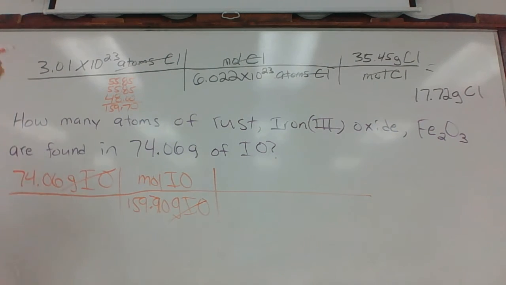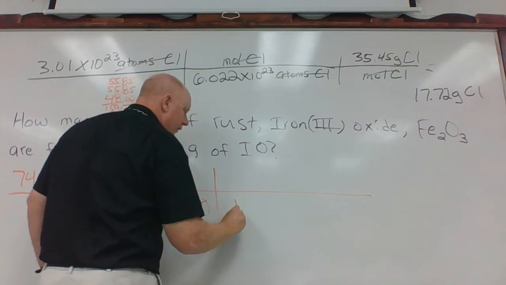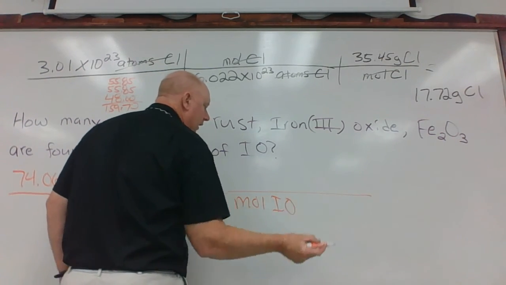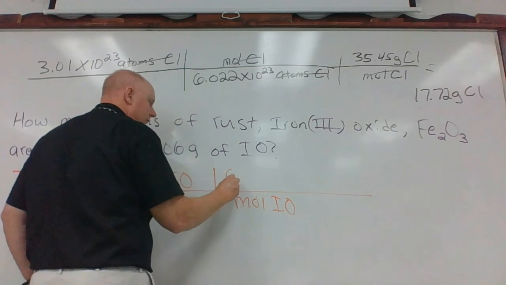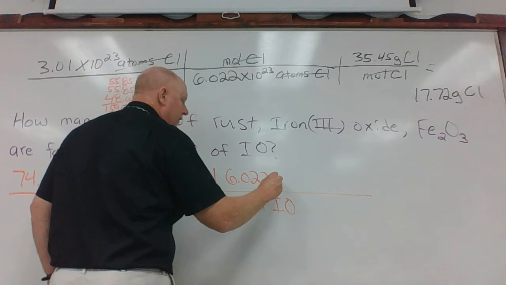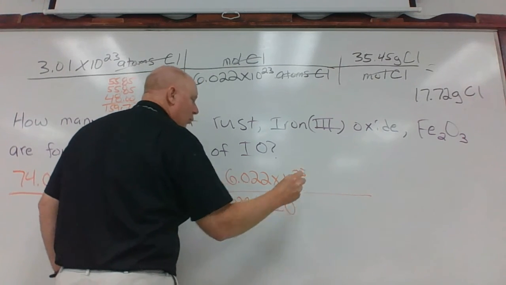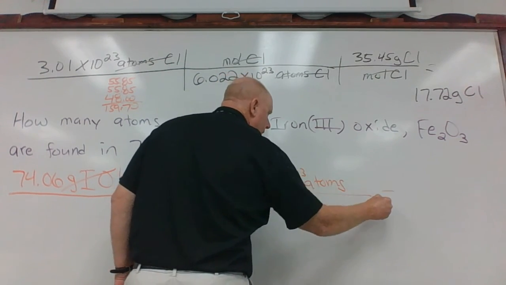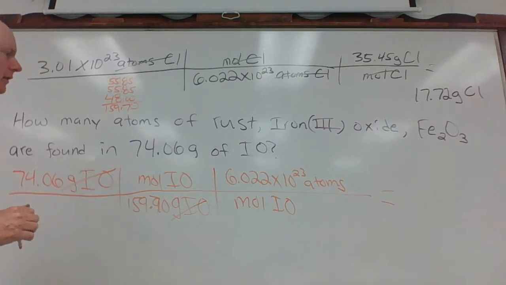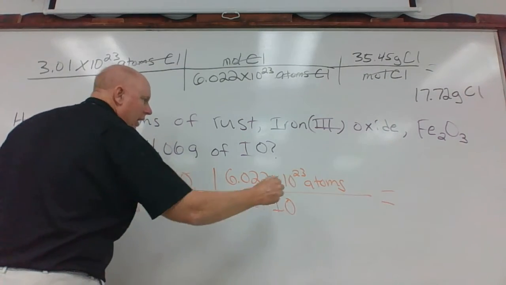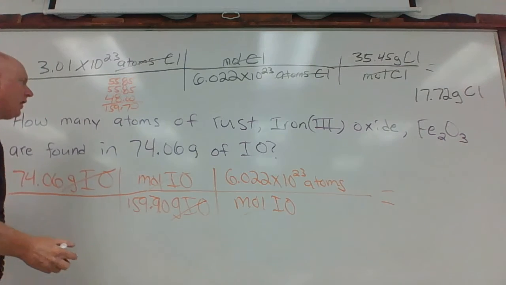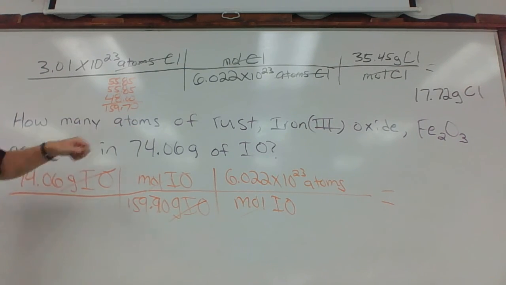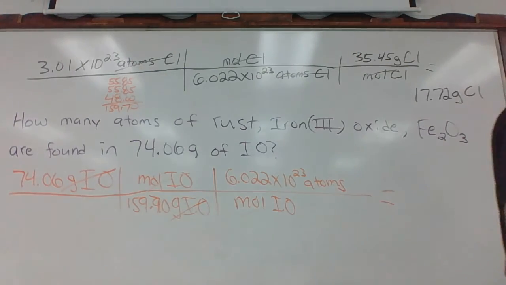We're in moles. Now we gotta get rid of your mole. Okay. So for every mole of iron oxide, we get how many atoms? Remember, anytime you see the word molecules or atoms, it doesn't matter one way or another, you will be using that constant. So these are gone now. We got our atoms right where we want them, the upper right hand corner, because that's what it's asking for. So then when you multiply that out, remember when they're next to one another, you multiply.